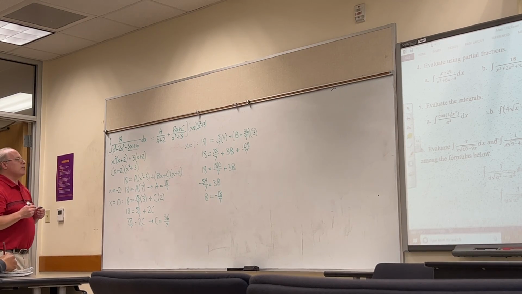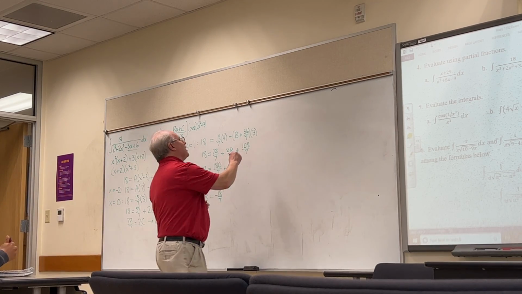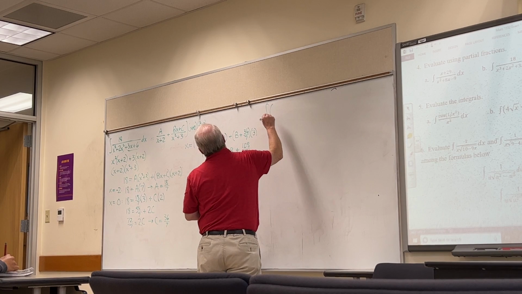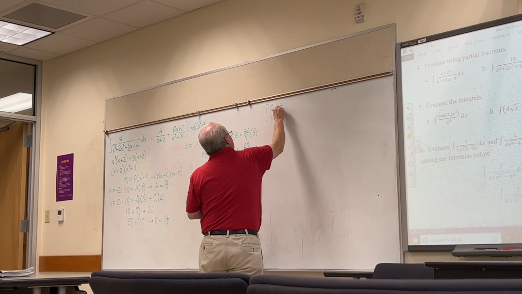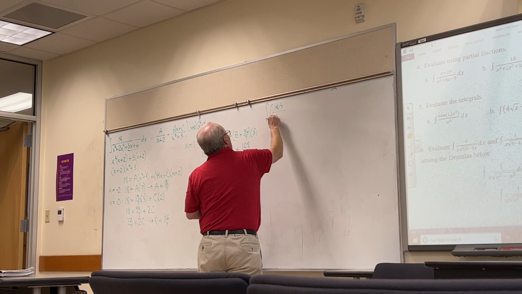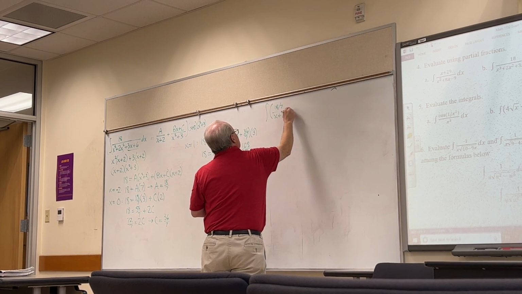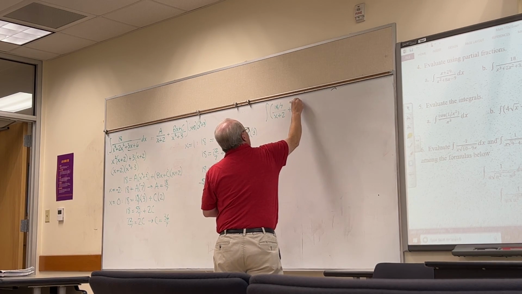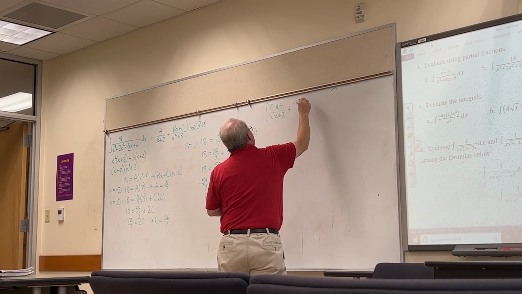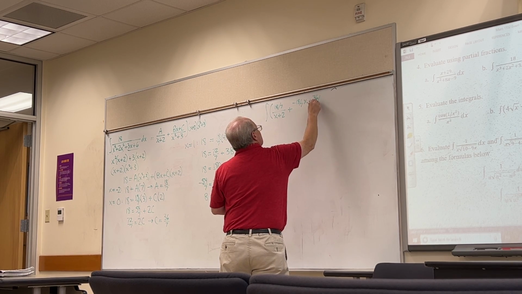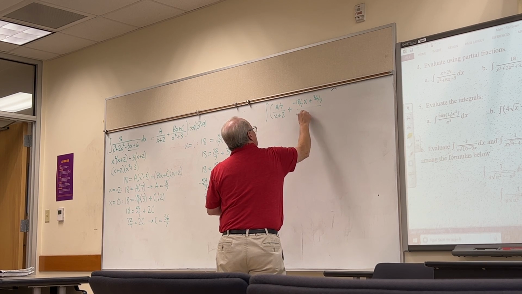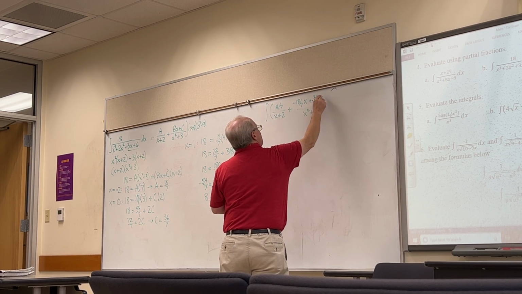So now if we put the values of a, b, and c into the decomposition, we have 18/7 over x plus 2 plus, and then negative 18/7 x plus 36/7 over x squared plus 3.